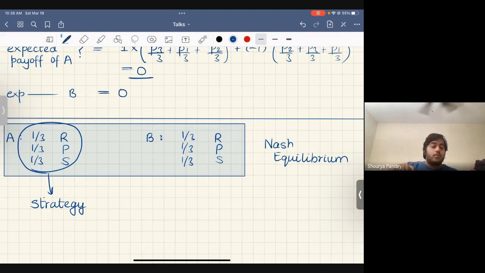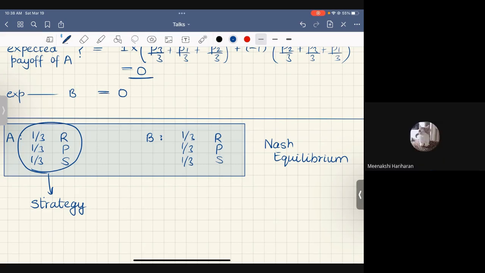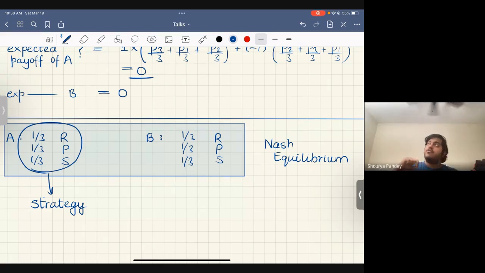But it's not pure because I have probabilities involved, right? So even in a mixed strategy, ultimately after flipping the coin you will play something which is one of R, P, S, but it's called a mixed strategy because you're flipping a coin.